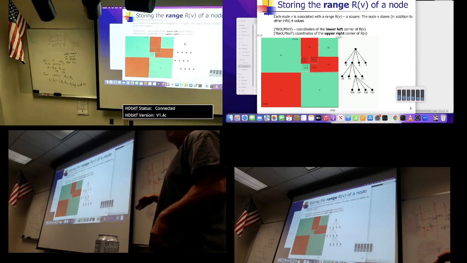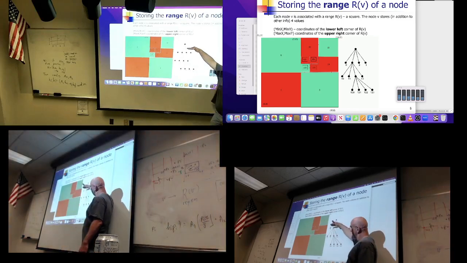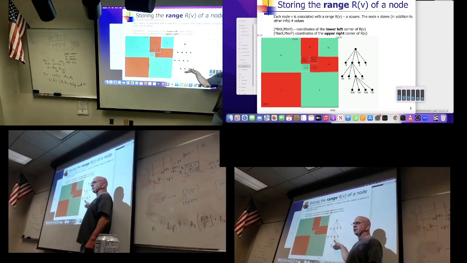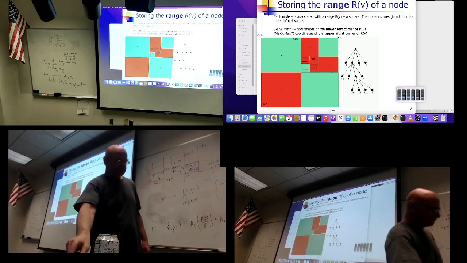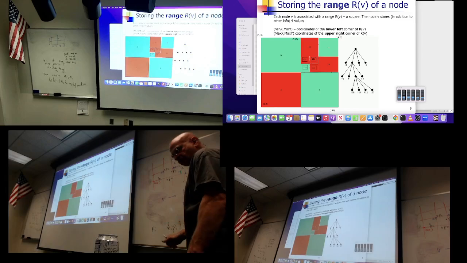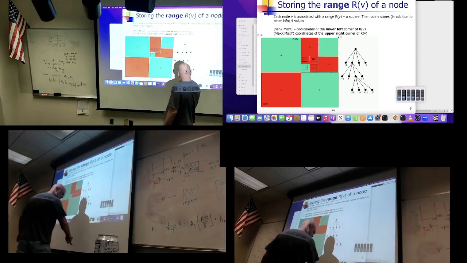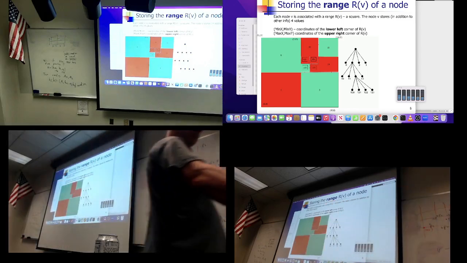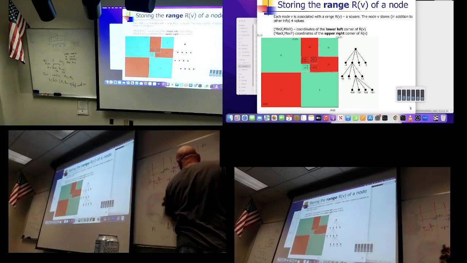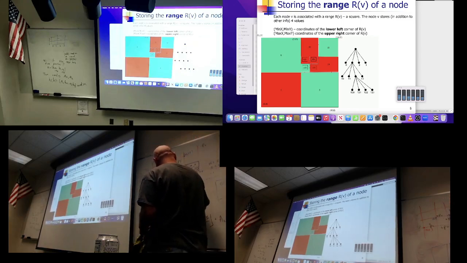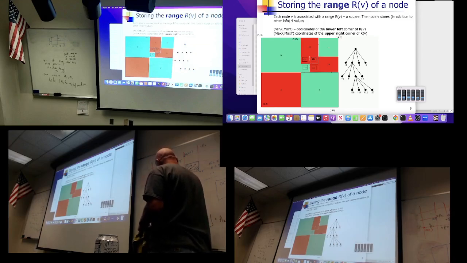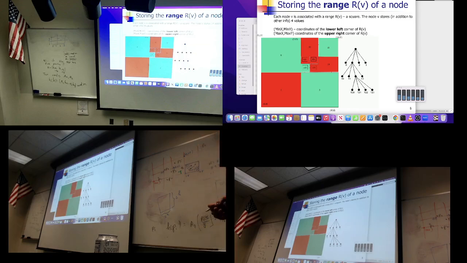By the way, with a bit more tricks, with hashing, you can do the whole point location. What did we say the height of the tree is? We said 2 to the h times 2 to the h pixels, so that's a resolution.